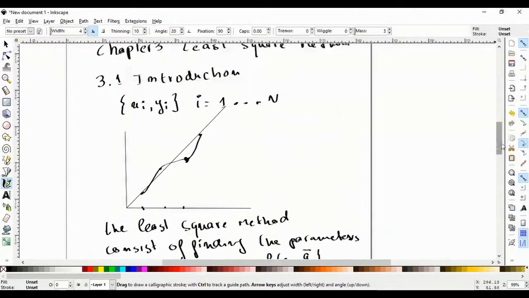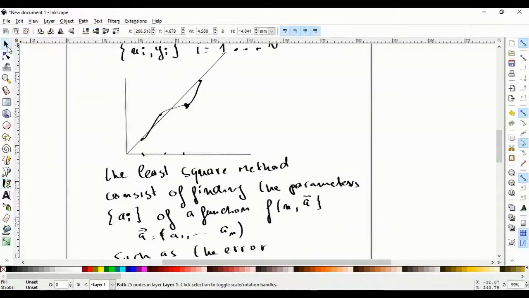Okay, so we will take an example. In this chapter, we will see the polynomial least square.